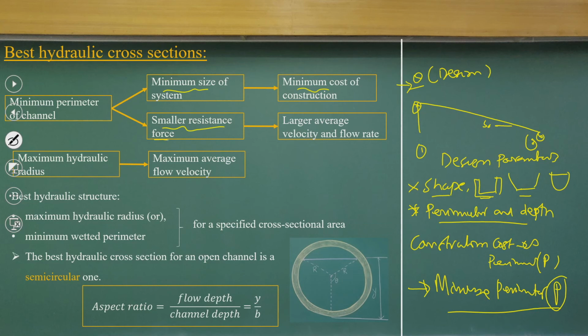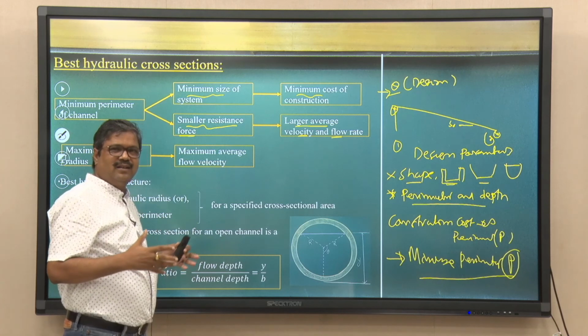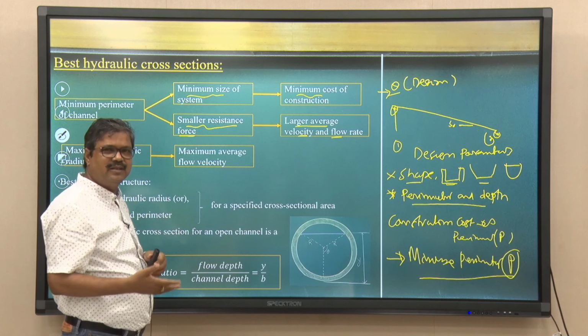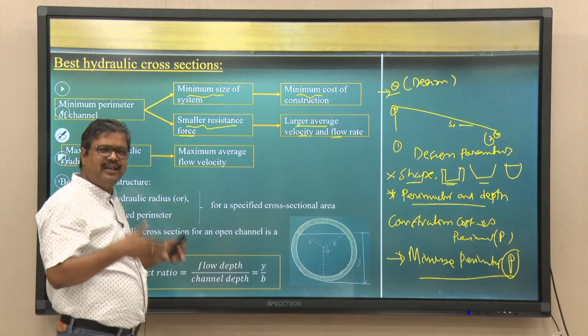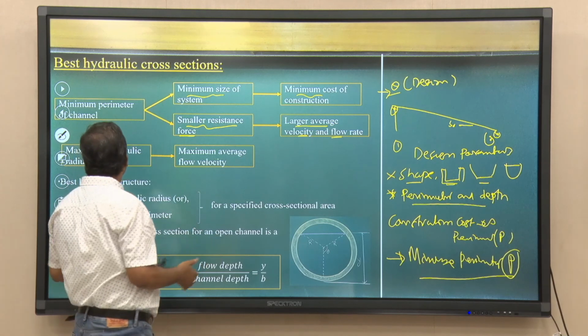Smaller the resistance, larger the average velocity and flow rate. Okay. The resistance we have to reduce, which means you need to have concrete channels. Okay. If you reduce the resistance, your velocity will increase, and the flow carrying capacity will increase. That is the reason we clean the drainage system so often, otherwise the resistance rises.